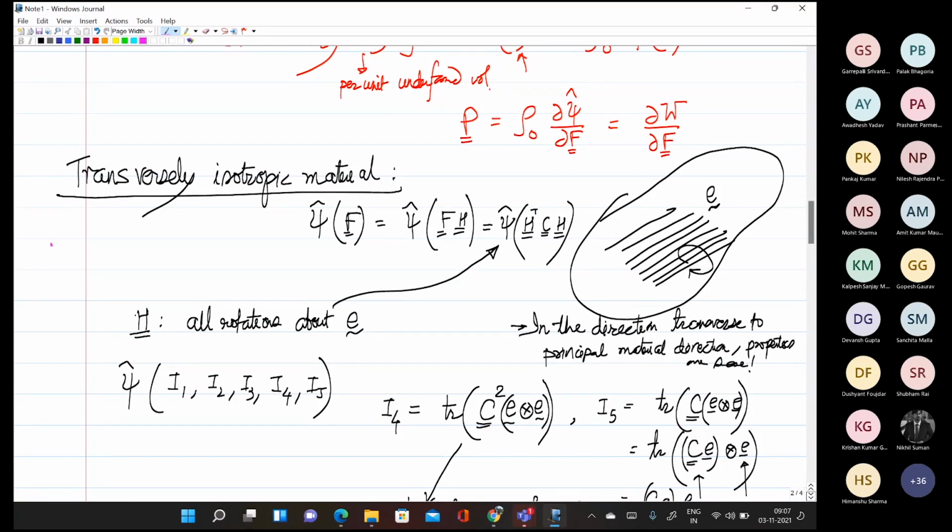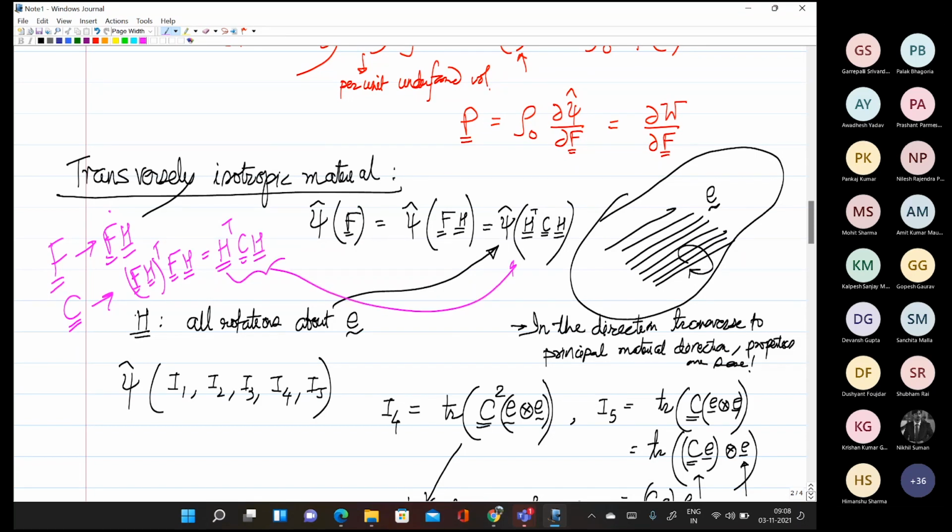So if F changes to FH, what will C change to? C will change to FH transpose FH, which is H transpose CH. And that's why I wrote this here. Okay.